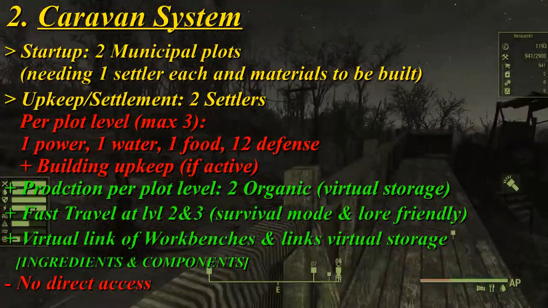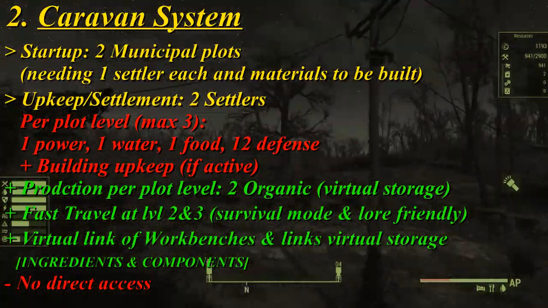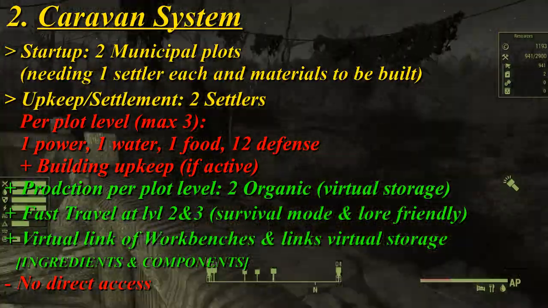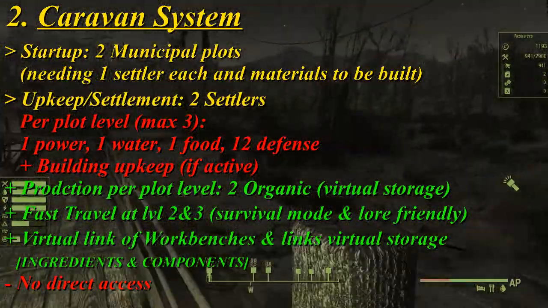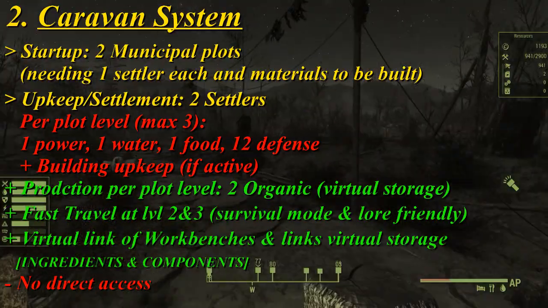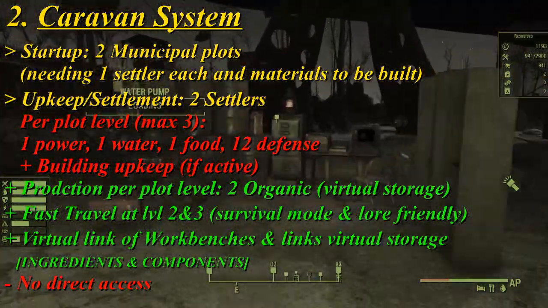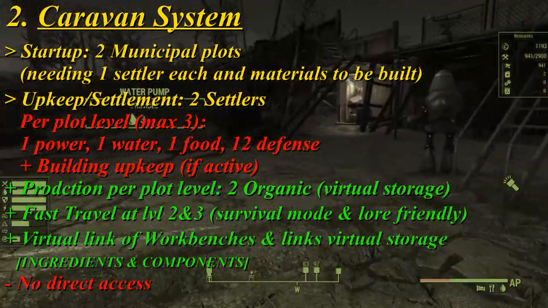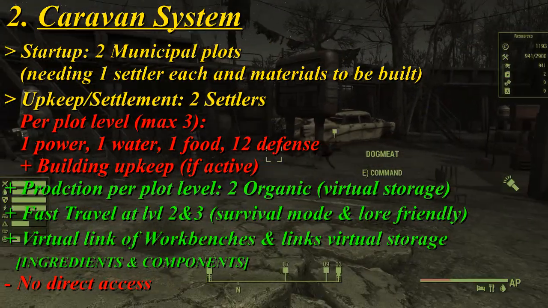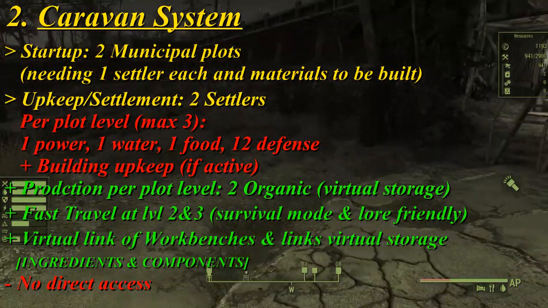So essentially, it does the same thing for workbenches as it does for this new virtual storage. Something the provisioner system does not do. But that's pretty much the only real benefit of the caravan system. And as I said, it is very expensive, and I don't think it's worth it.